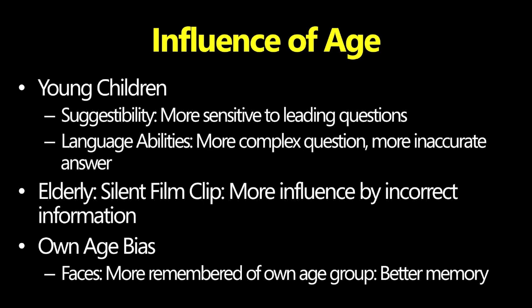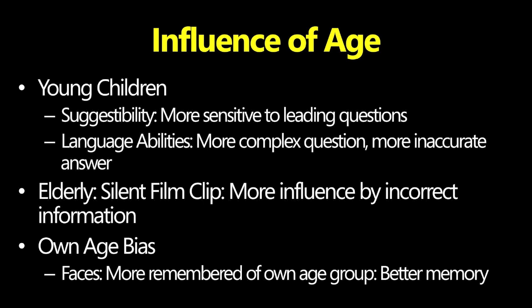Elderly, they were shown a silent film clip, and it was found that the elderly were more influenced by incorrect information. This is a study of young adults averaging 35 years and elderly averaging 70 years, showing a silent film clip of a kidnapping. 10 minutes later, they were given 1 of 2 written summaries of the crime.